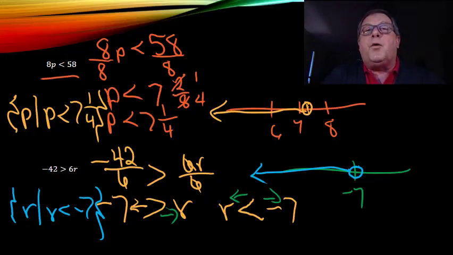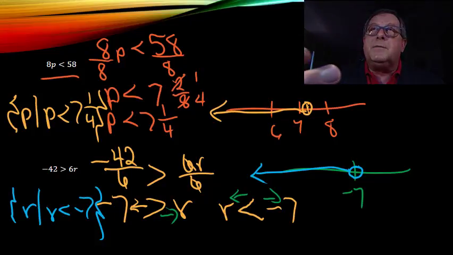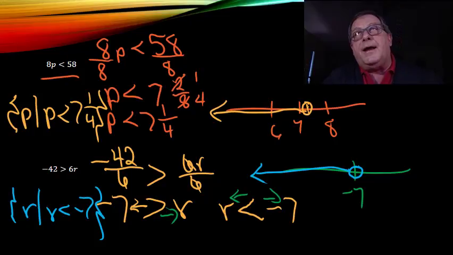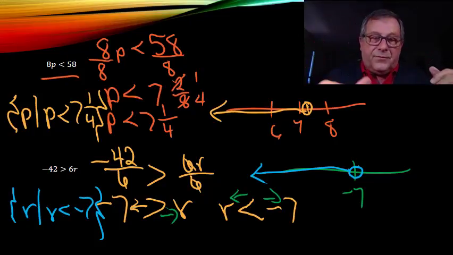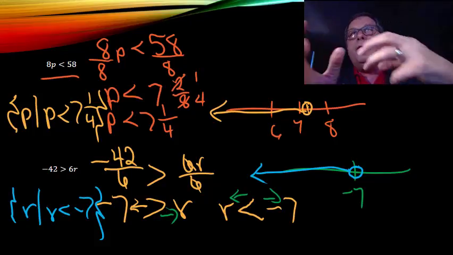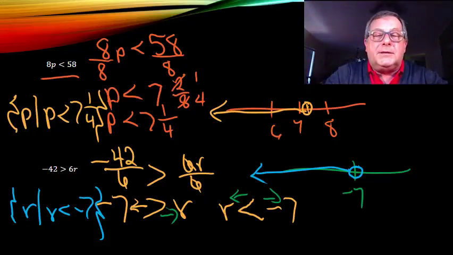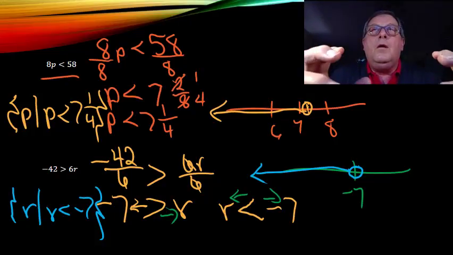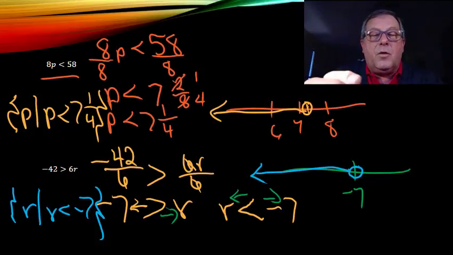You really got to get some practice on this. Make sure that you keep your inequality symbols the way they need to be. Do I flip it or not? It's going to depend on whether you multiply or divide by a negative number. And second part, as we saw in this very last example, if I rewrite it by reversing where the variable is, I've got to keep my inequality symbol pointed in the same direction as it was when I solved it.